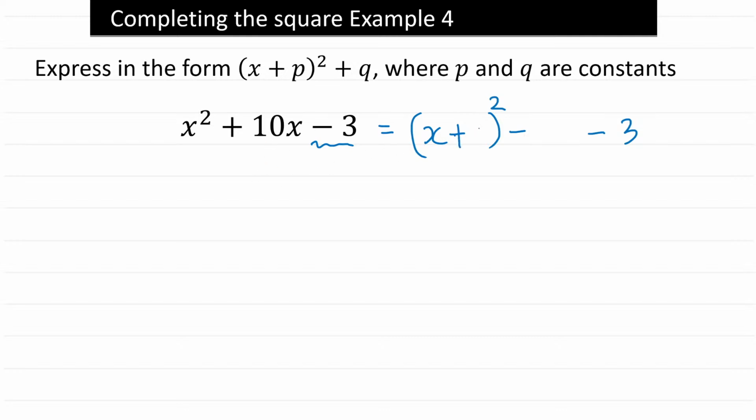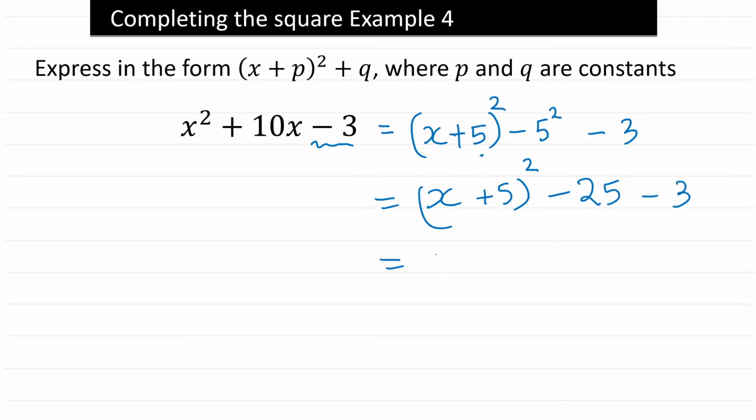Half of 10 is 5, and then we're going to subtract this number squared, so minus 5 squared. So this is going to be equal to x plus 5 squared minus 25 minus 3. So therefore this is going to be x plus 5 squared minus 28.